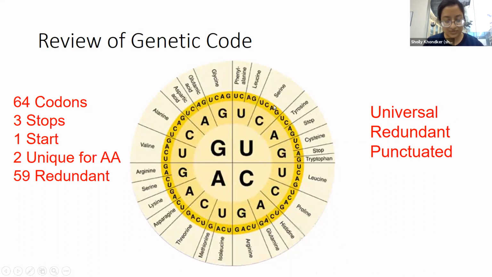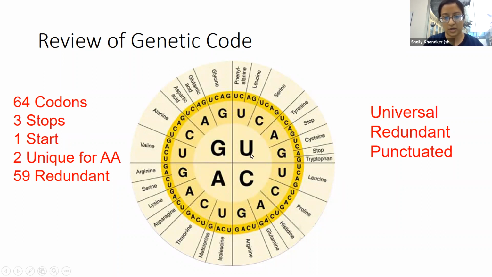This is the genetic code, which we've already seen a few times in this class, but just want to point it out again. So the mRNA transcript is read in the form of codons. Codons are sets of 3 nucleotides. So there are 64 possible codons.